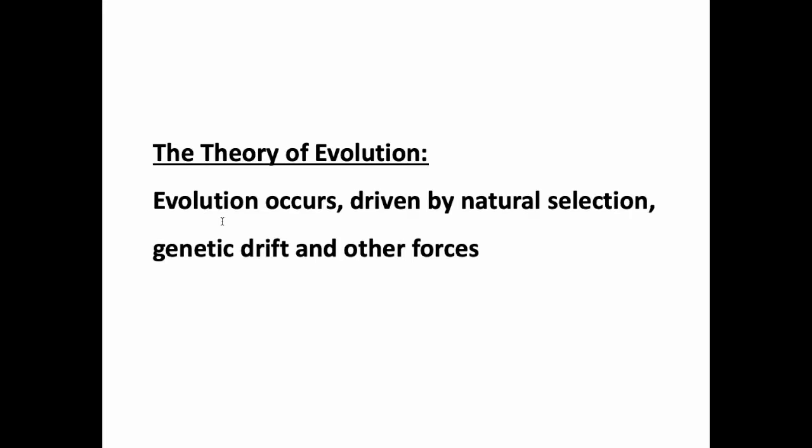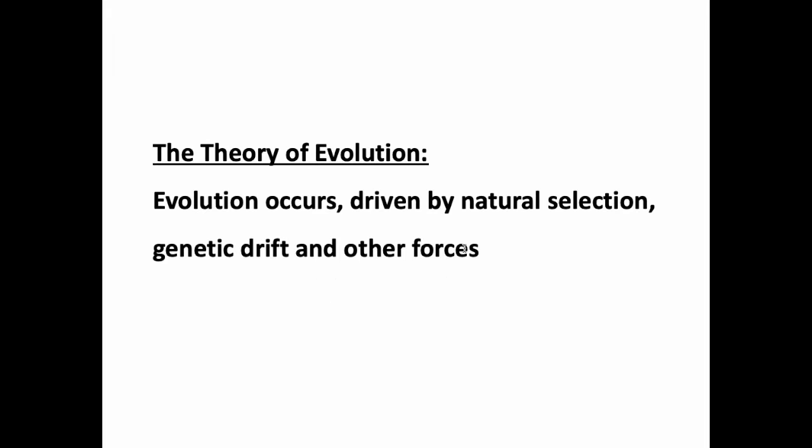In other words, we have changes in the genetic makeup of populations that happen over time, driven by natural selection, genetic drift, and, I'm not naming all of them, all those other forces that we talked about, non-random mating, gene flow, stuff like that. So this is our definition. And again, it's a short one because we spent so much time talking about all these little parts. Evolution happens because of natural selection, genetic drift, and all these other forces.